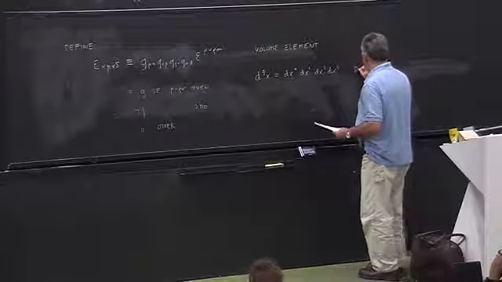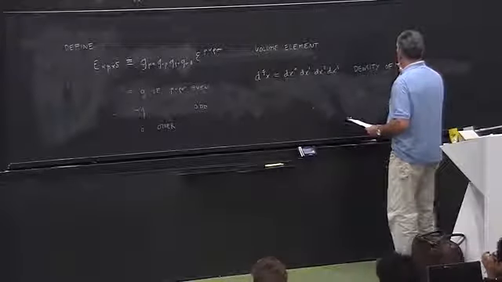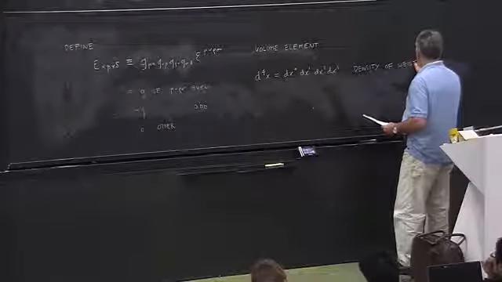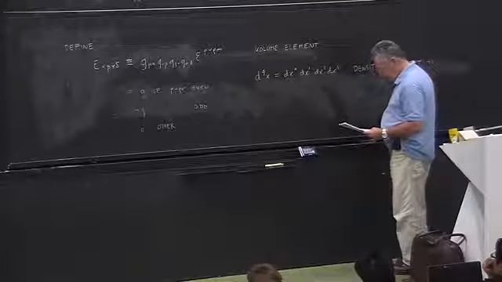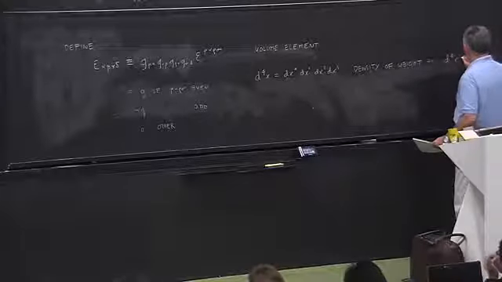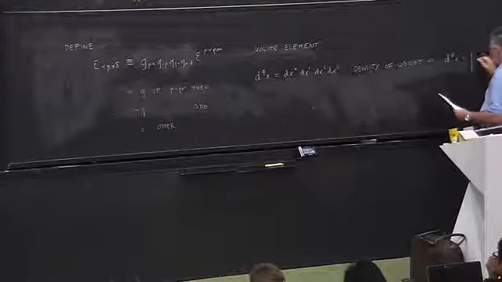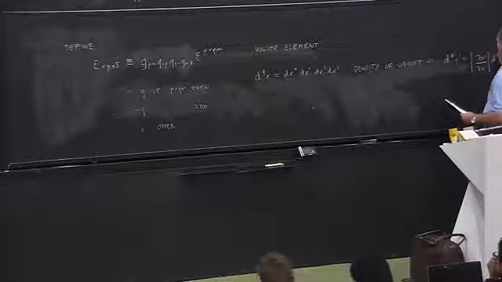And this is the density of weight minus 1. Because d4x prime is the Jacobian times d4x.